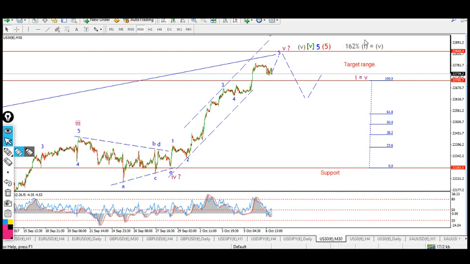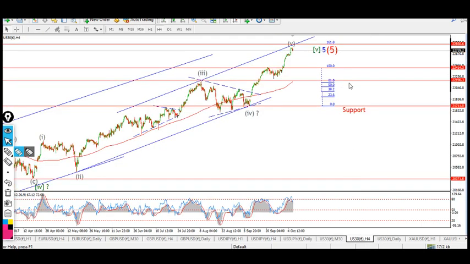So this higher target here is given by, I'll go to the 4-hour chart, if you see wave 1 here, it's the 161.8 Fibonacci extension of wave 1. So 161.8% of wave 1 gives you wave 5 at 22,850 or so.